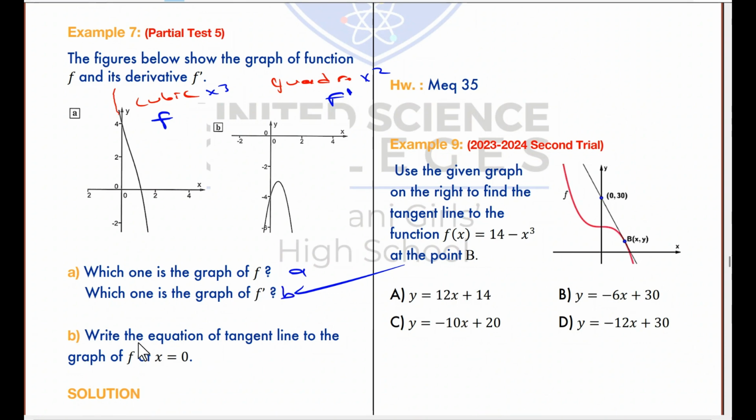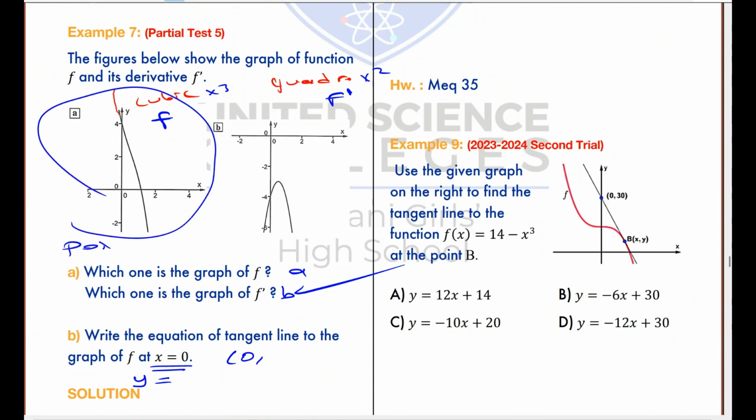Okay, next part. Write the equation of the tangent line at x equals 0. So I need a point, right? If x is 0, what's y? How do I find y? In which graph am I looking for the y value? I am looking for the y value in graph f. So the f graph will give me the point.